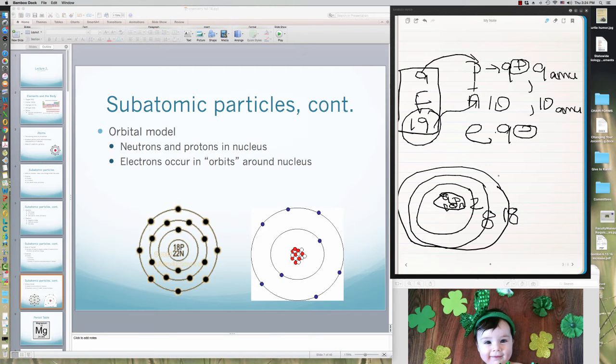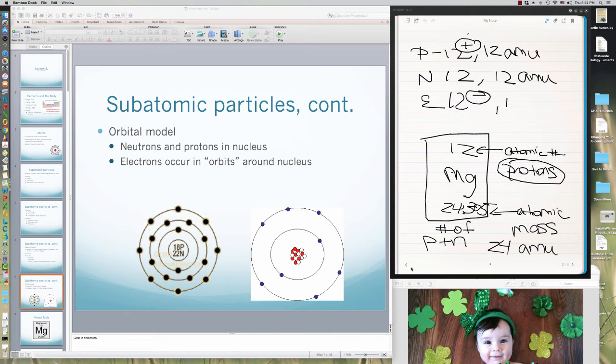So in the case of fluoride, where you have these 9 electrons, you have 2 in the first orbit and 7 in the second orbit. And so that basically means you don't have a third orbit because you don't have enough electrons there.